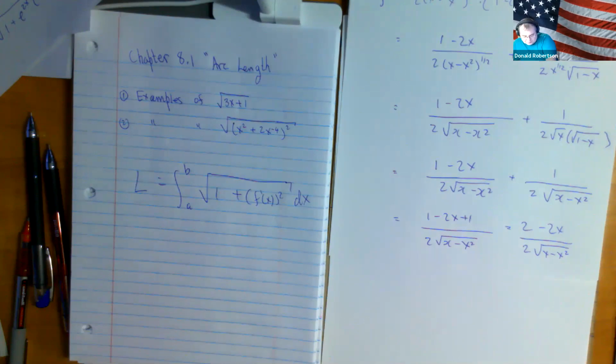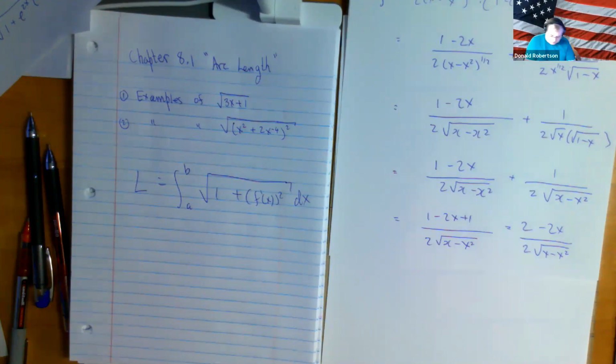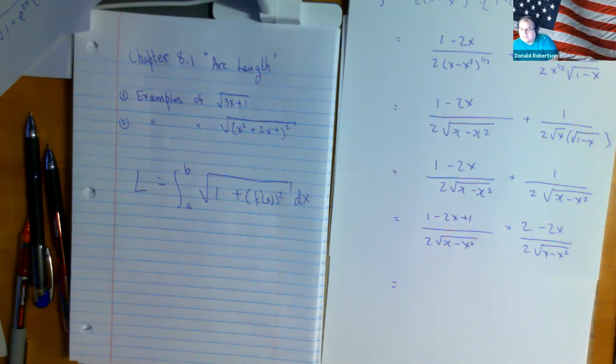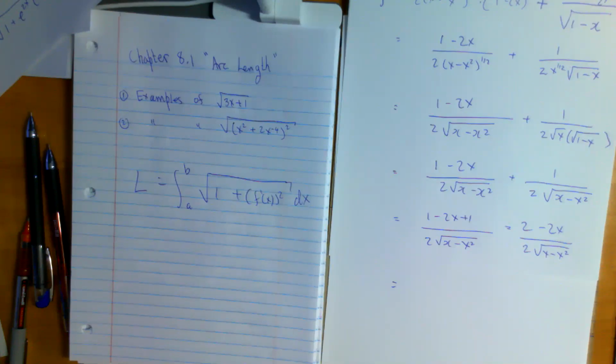Not so obvious what I'm going to do next. Is there anything I could do to the top line that might be kind of helpful? Factor it, then get rid of the 2's.